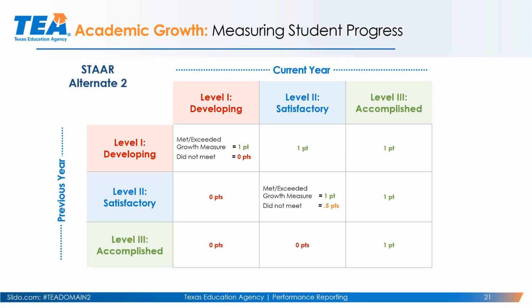Note that the performance levels on STAAR Alternate 2 differ from the STAAR test, but the same concept applies. For example, a student who scored at level 2 satisfactory last year and level 2 satisfactory this year will get 1 point awarded if they meet or exceed their progress expectations for STAAR Alternate 2.